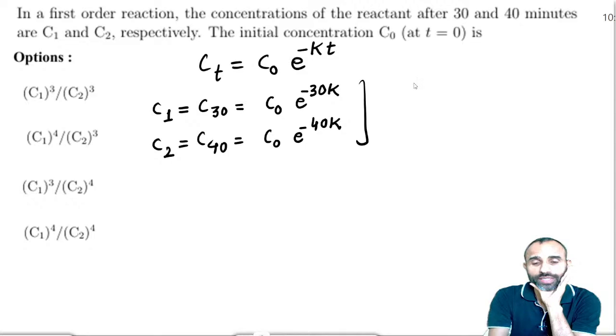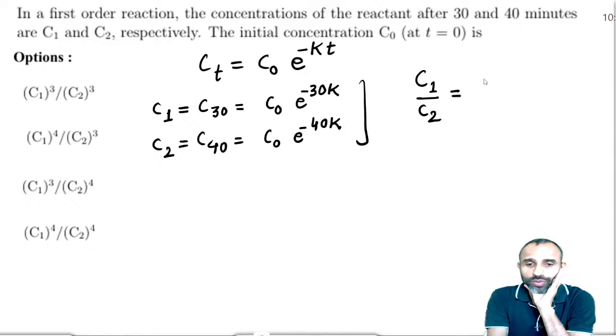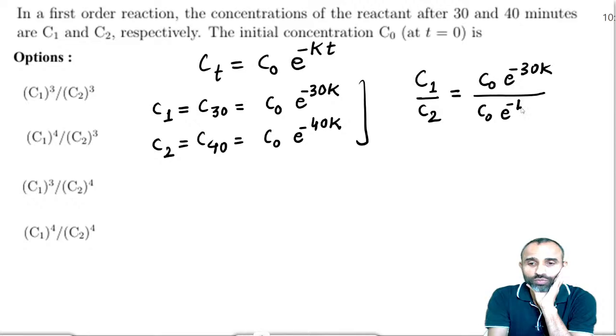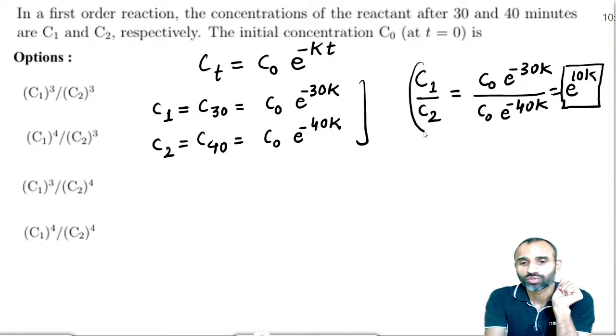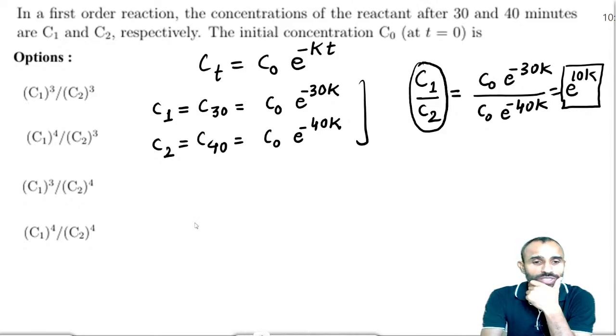That implies that C1 by C2 equal to C naught e raised to power minus 30k divided by C naught e raised to power minus 40k. C naught cancels. e raised to power minus 30k plus 40k, it is e raised to power 10k. e raised to power 10k equal to C1 by C2.